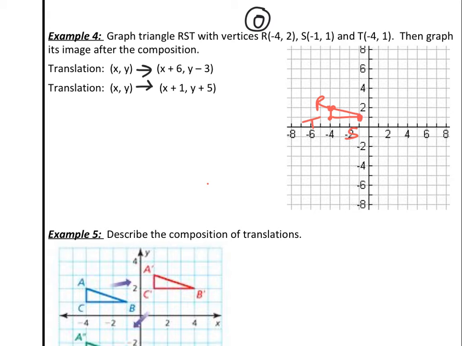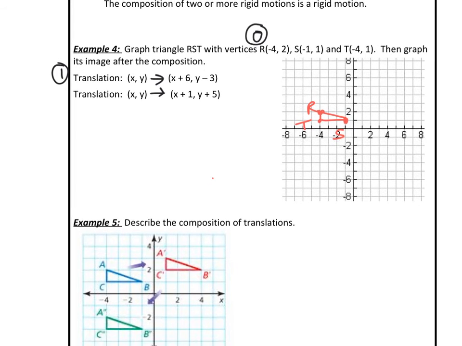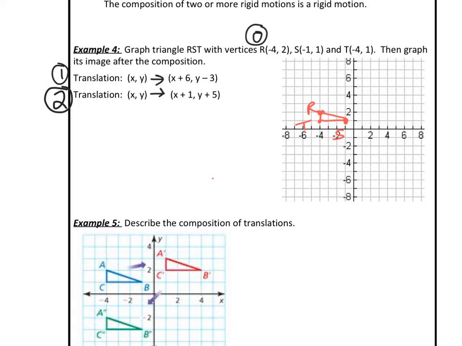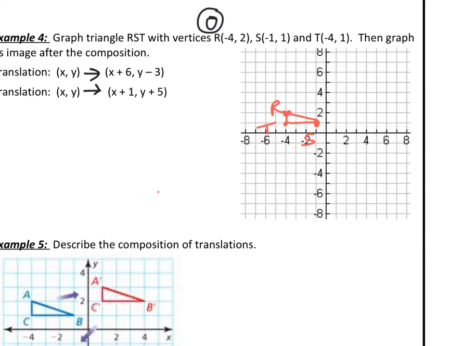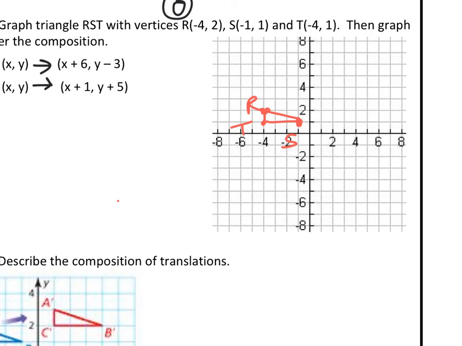And then we'll do this one first, and we'll do x plus 1, y plus 5 second. So there's 3 things that need to happen, the original, and then 2 transformations. We do not go back to the original shape when we do a transformation in this shape. So this one, we're going to take our original shape and go right 6, down 3, because it's plus 6, minus 3. Go ahead and do that.